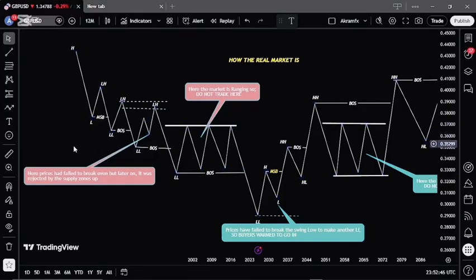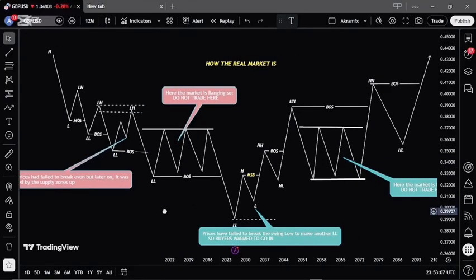So we could only look for buy entries if these prices managed to break up. But since it never managed to break up, we had to know that now it's again a sell, and then we had a second break of structure.